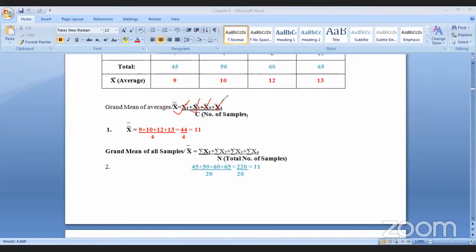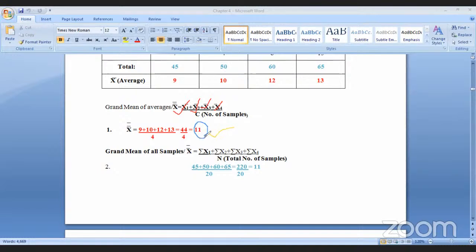There are only 4 columns. So we get 44 divided by 4, which is 11. So we got 11 in the first case.